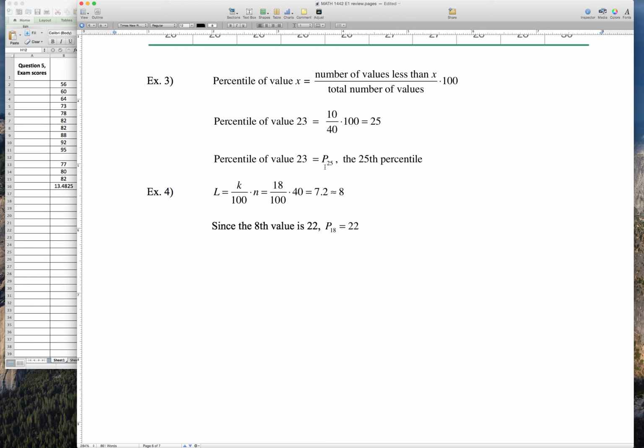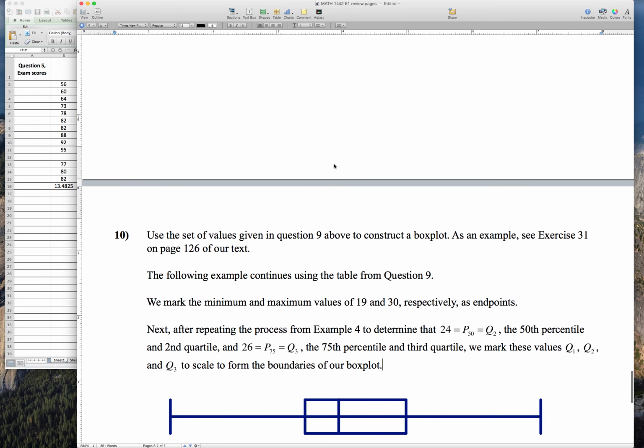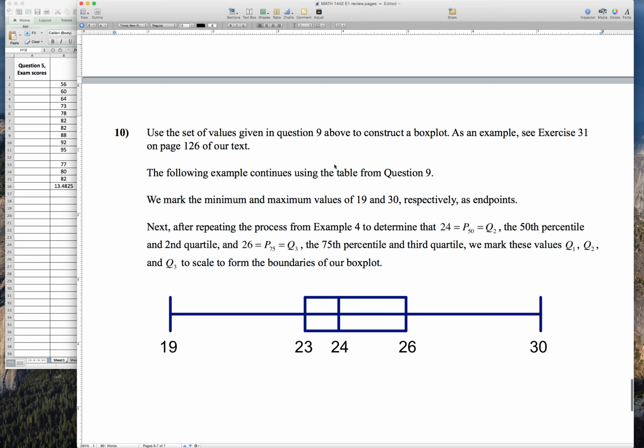Turns out we've already got the 25th, which is quartile 1 from our example above, and then on a number line, we want to mark off those 3 values, and so we know 23 is the first quartile, 24 is the second quartile, and 26 is the third quartile.